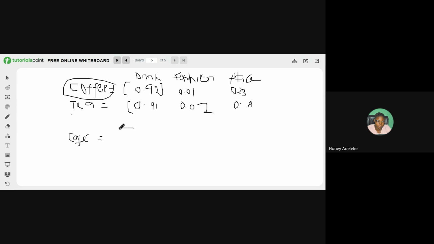When we talk about cafe, it can be close to drink, so let's say 0.72. Cafe and fashion, well, I'm not sure, maybe 0.3. Then being a place, maybe 0.9, maybe 0.91. Now, just like I've explained earlier, this is just reiterating what we have learned.